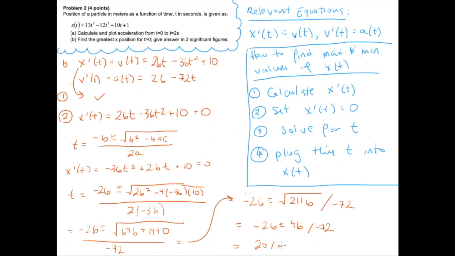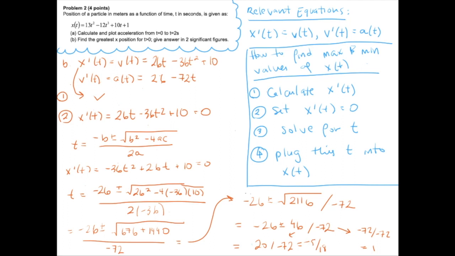So minus 26 plus 46 is 20 divided by minus 72. And that's equal to minus 5 divided by 18. And then the minus version, aka minus 26 minus 46, equals minus 72 over minus 72, which is a nice easy fraction, equal to 1.